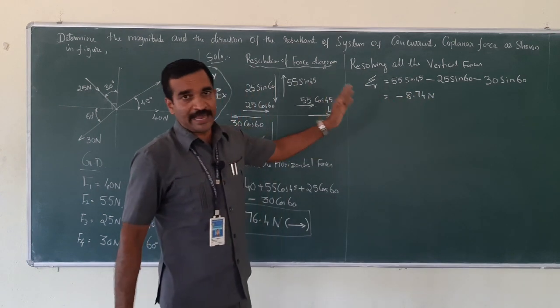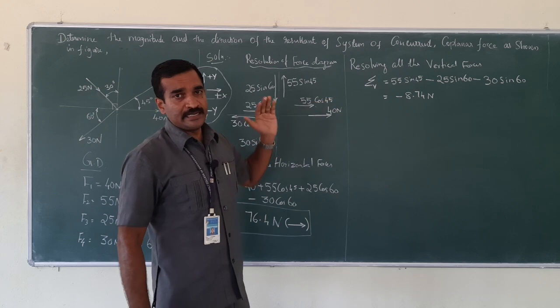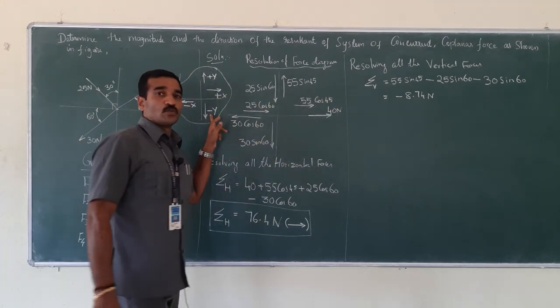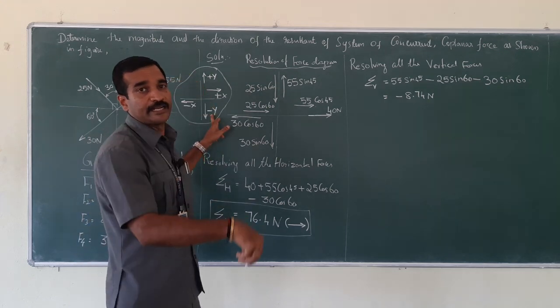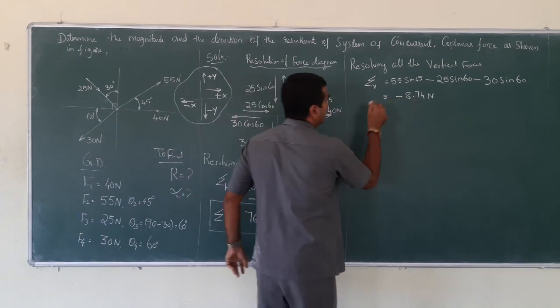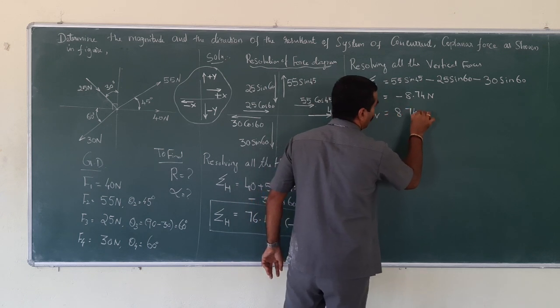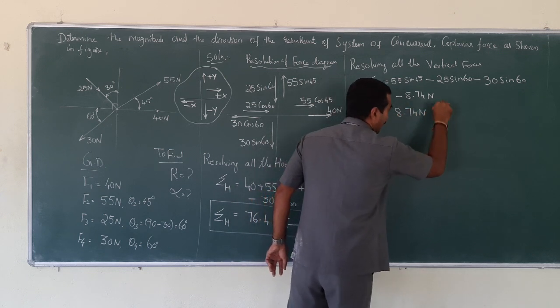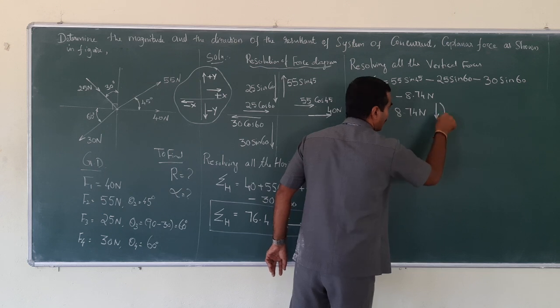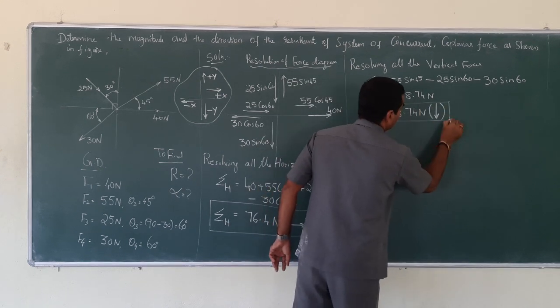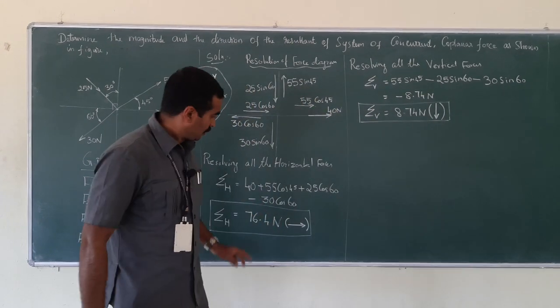See, the minus sign indicates that it is the sum of forces which is acting in the minus y direction, that is vertically downwards. So this can be rewritten as summation V is equal to 8.74 Newton in vertically downward direction. Got it?